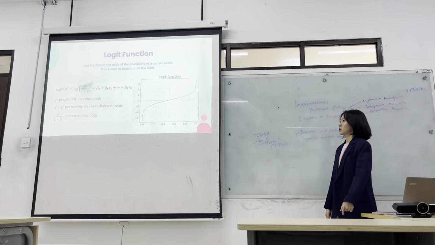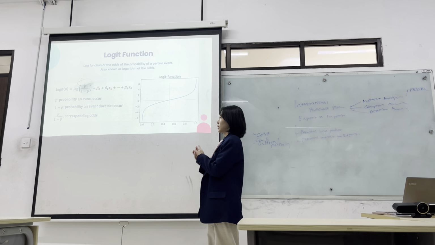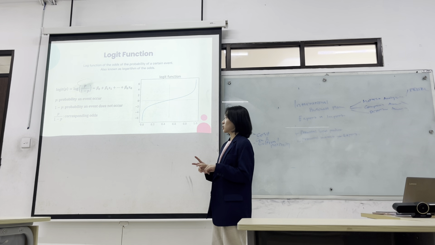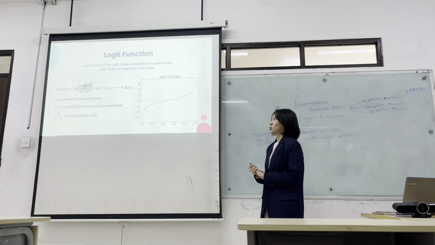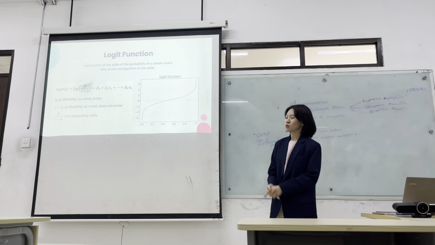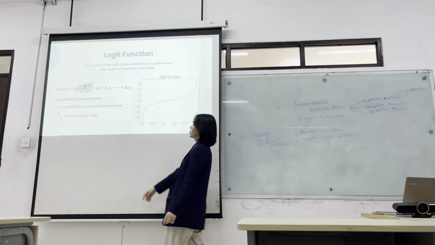And then next we continue to the logit function. The logit function is the log of the odds of the probability of a certain event, so it is also known as the logarithm of the odds. So we have P here.